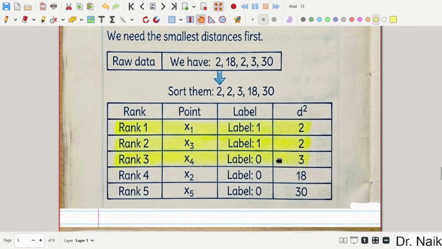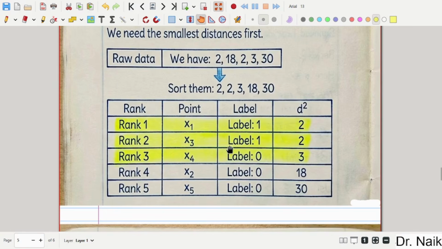Let us form the table. Point x1 with label 1 has square distance 2, x3 with label 1 has square distance 2, x4 with label 0 has square distance 3, x2 with label 0 has square distance 14, and x5 with label 0 has square distance 30.